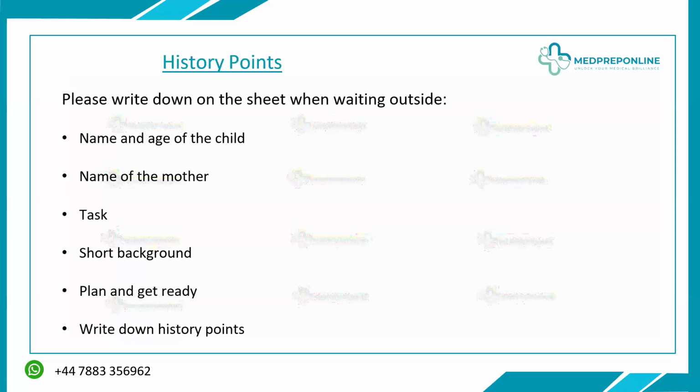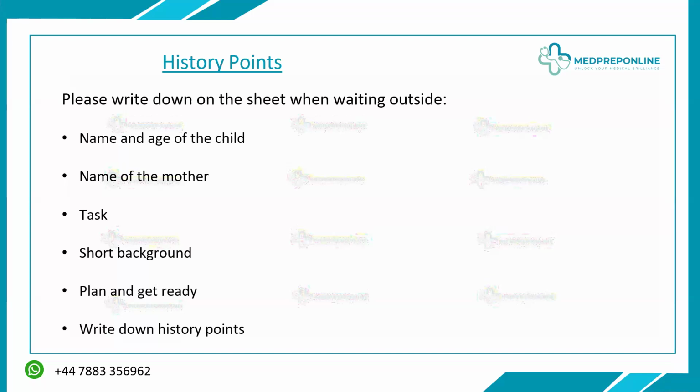When you are waiting outside, try to be very smart and use that time in a nice manner, and note down all this information on a history sheet that you would be provided over there. Name and age of the child and name of the mother. You should be very clear what is the task, and write down the short background and plan and get ready and write down the points of the history.